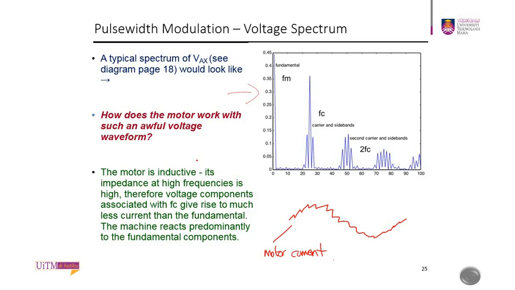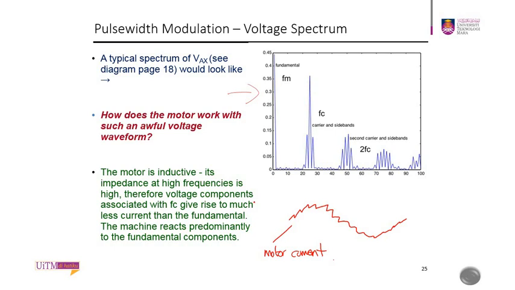And how does the motor work with such an awful voltage waveform? This is an example of the distorted sinusoidal motor current. But the motor is inductive, so its impedance at high frequency is high, and therefore the voltage components associated with the carrier give rise to much less current than the fundamental.